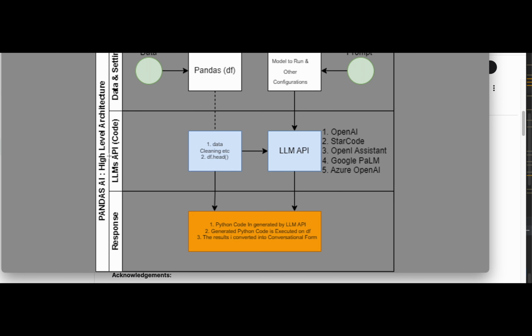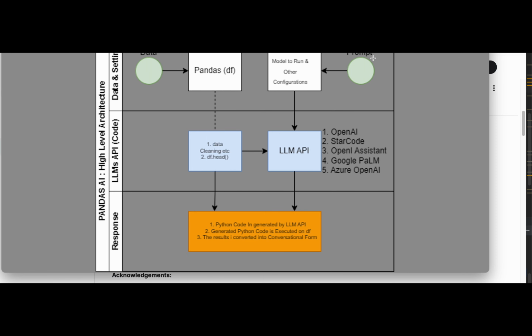So this is the high level architecture of how Pandas AI works. You can upload your CSV file, and using Pandas AI and Pandas, you will leverage on an LLM. As you can see down here, the LLM is agnostic by design. So you can use OpenAI, which is a paid one. You can use free open source ones like Star Coder or even Google Palm, or a few others in the market.